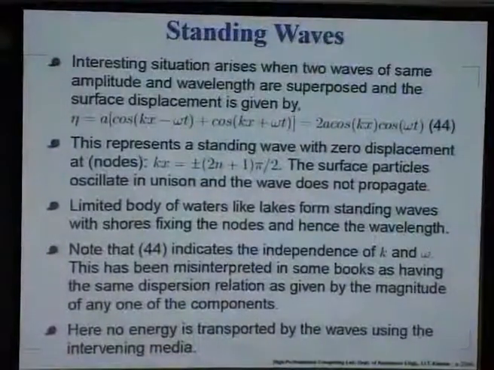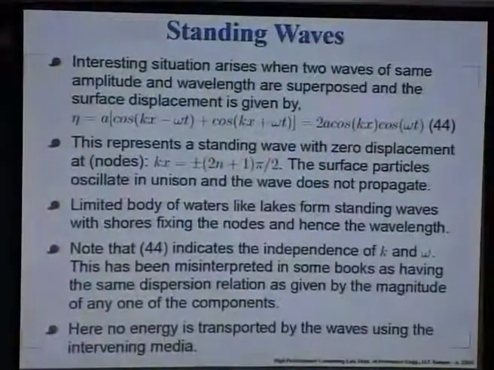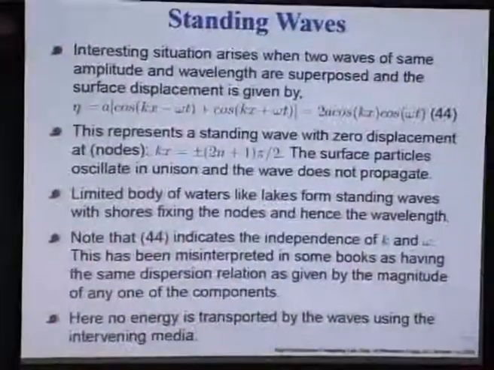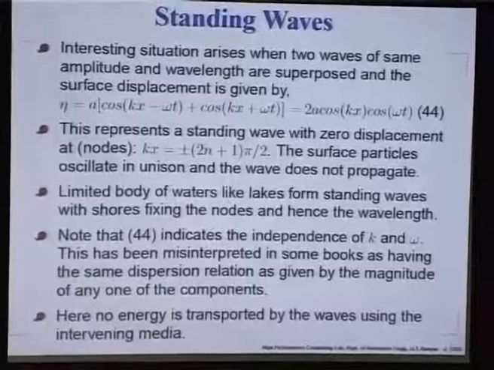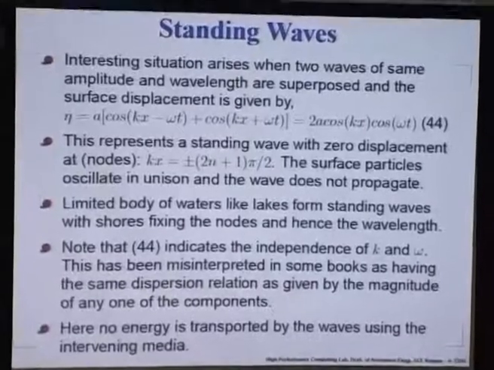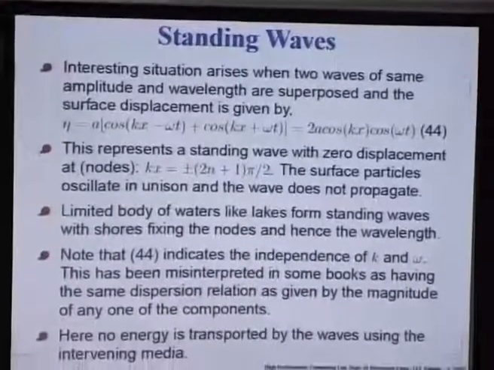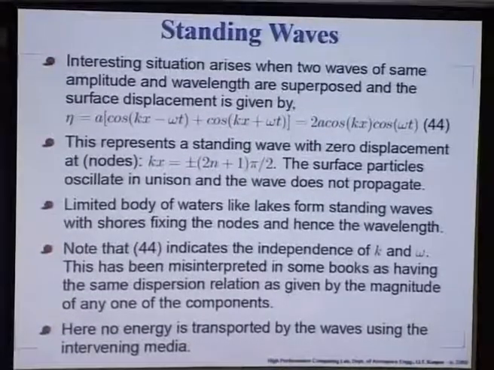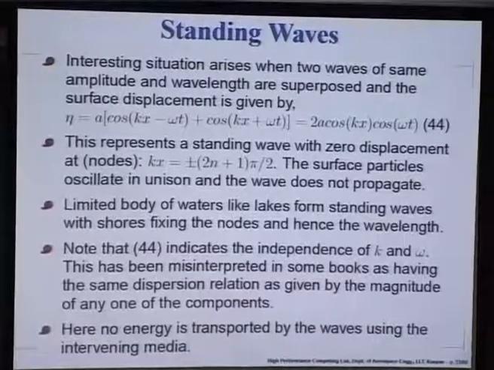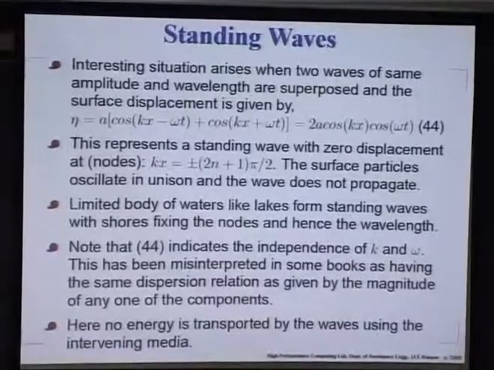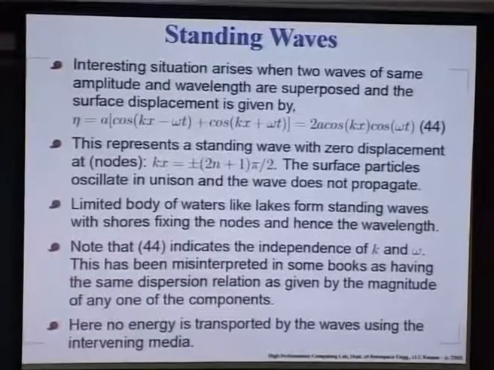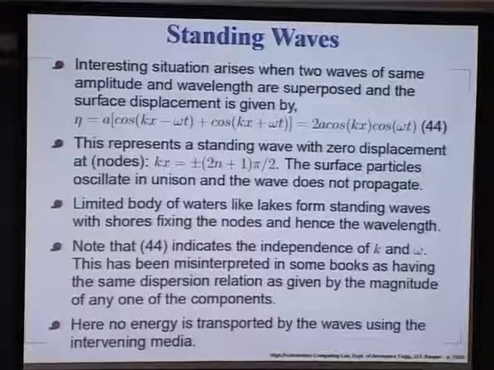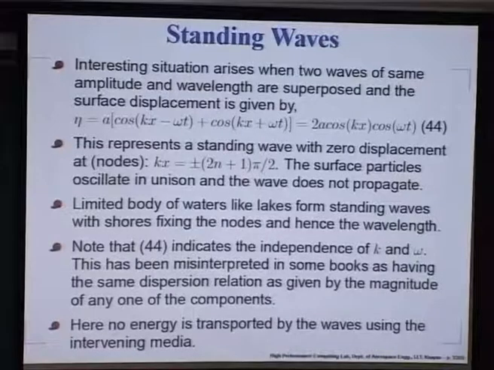Well, once again simple trigonometry will tell you this. Here is an interesting scenario. The system depends on x and t, right? However, they are disjoint, they appear separately, and we also notice a very interesting property: around kx equal to plus or minus an odd multiple of pi by 2, you will have eta equal to 0, right.